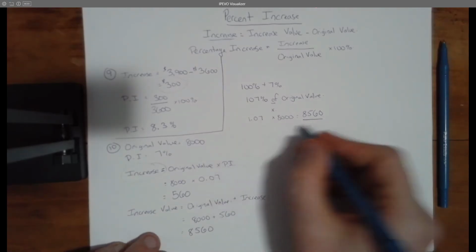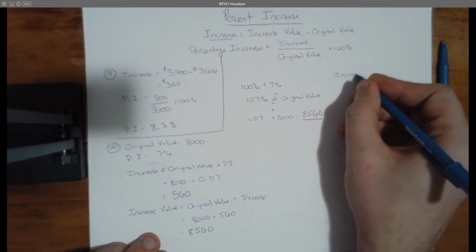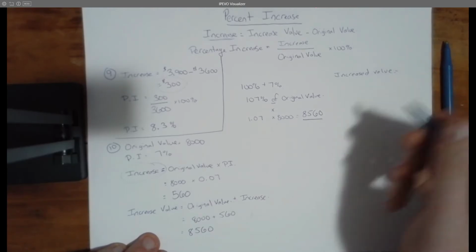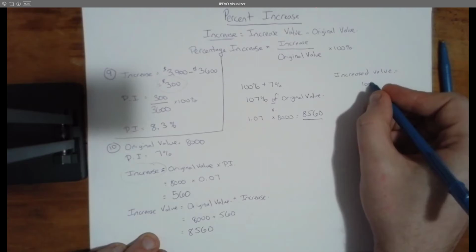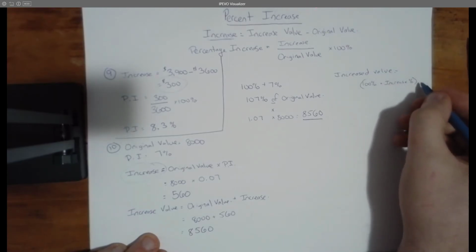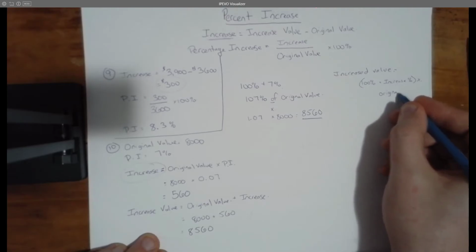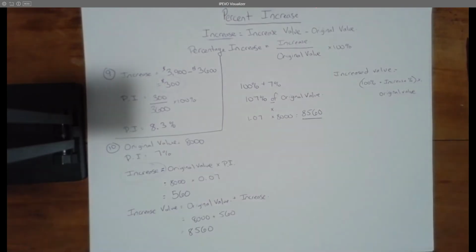And what we did here to simplify things is we figured out that increased value equals 100% plus the increase percent times the original value. That's giving a formula to what we just ended up solving.